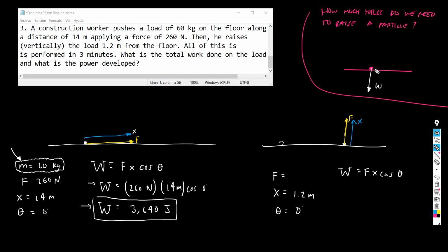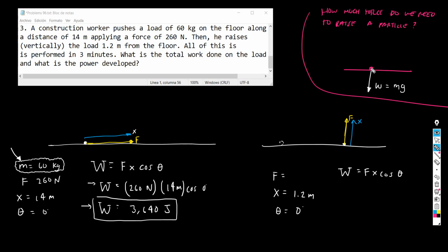I've been telling you that the weight of any object, represented with this arrow and this letter for weight, is the force with which the Earth attracts the particle towards its center. So basically the Earth is pulling this object downwards, with the force given by the weight, which is the mass of the object times the acceleration of gravity.